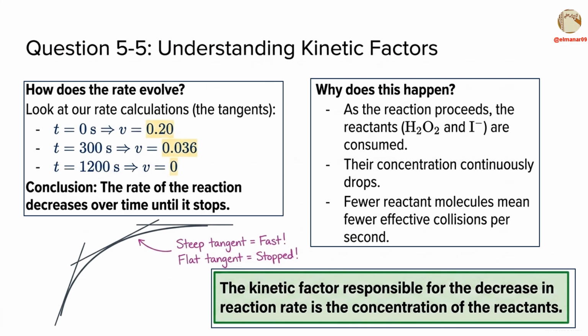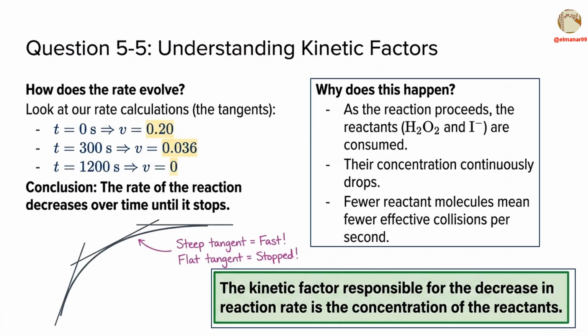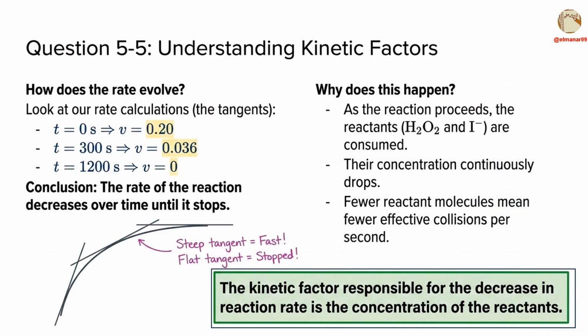For our final question, 5-5, we need to understand why the rate changes. As we saw from our tangent lines, the speed of the reaction drops over time until it hits 0. Why does this happen? Think of it this way. For a reaction to occur, molecules must collide with each other. At the start, the beaker is crowded with H2O2 and I- molecules, so collisions happen constantly and the rate is high.